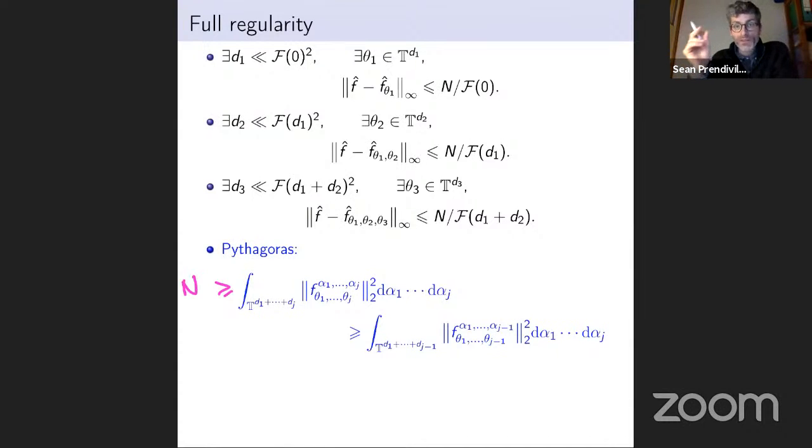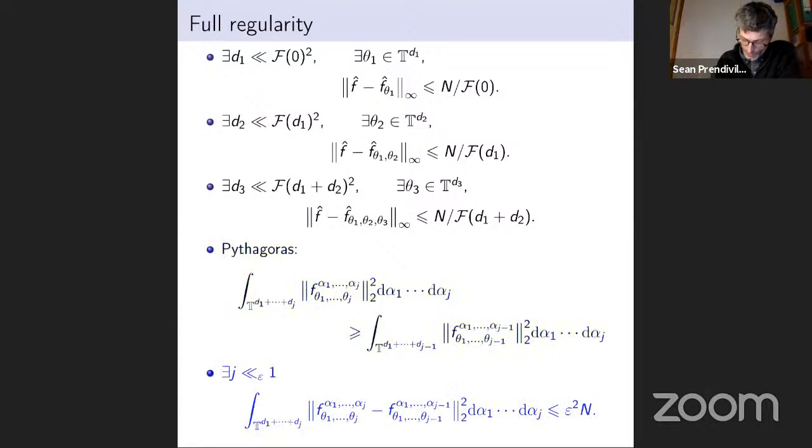So at some point, two elements of this non-decreasing sequence have to be very close together. So by the pigeonhole principle, at some stage j, we get two projections whose energies differ by some epsilon proportion of n. Okay? That's just a basic fact in real analysis to do with increasing sequences.